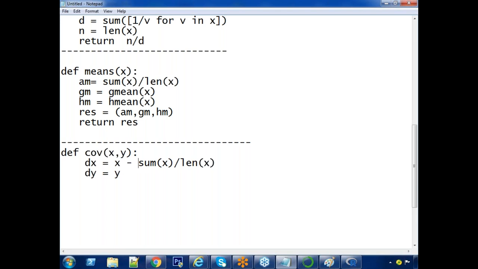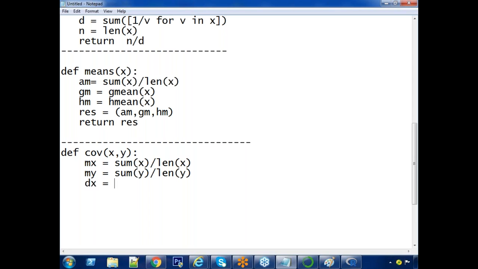That's why first concentrate on mx, where mx is mean of x. Do the same thing for y: my equal to sum of y divided by len of y. Deviation of x you want.